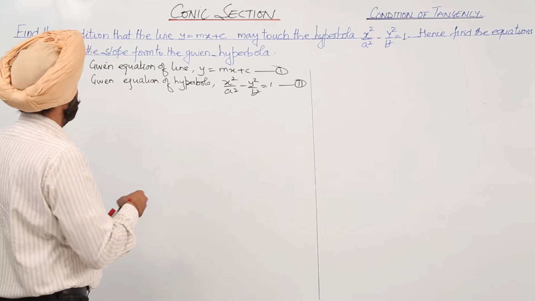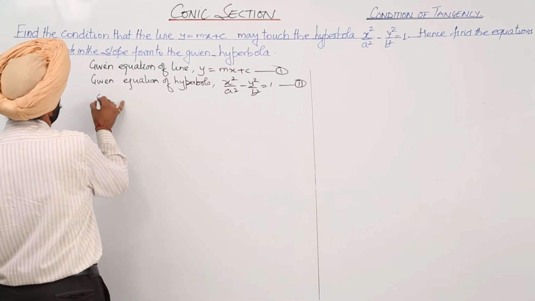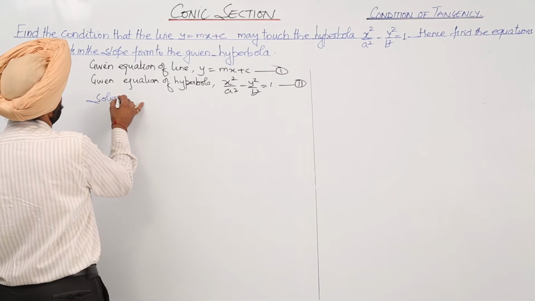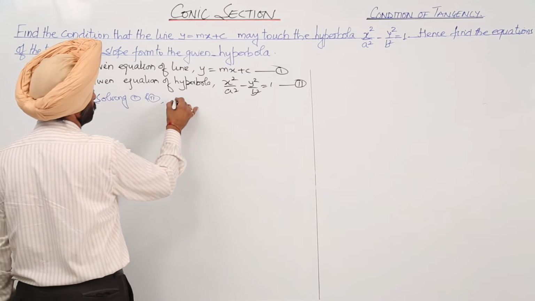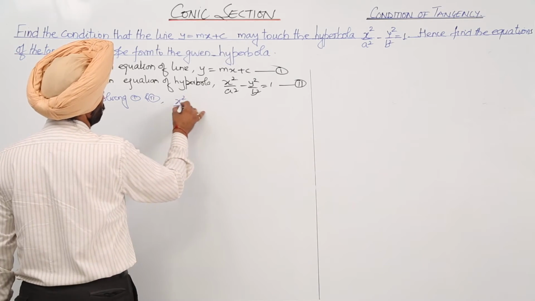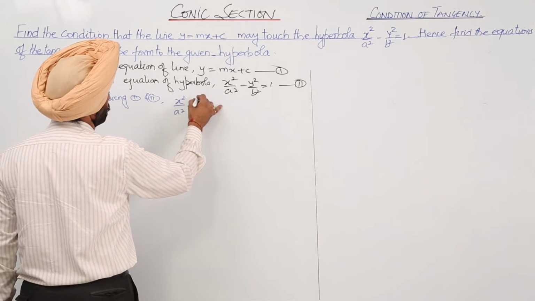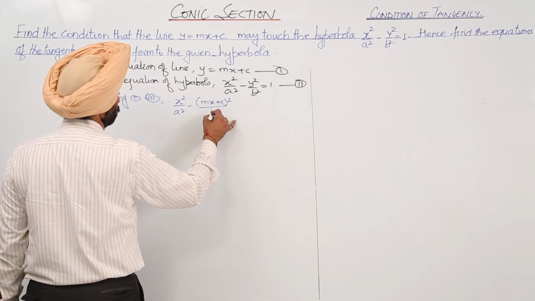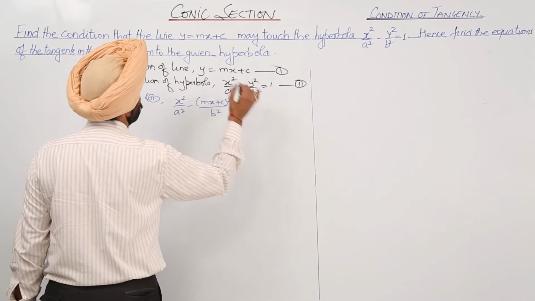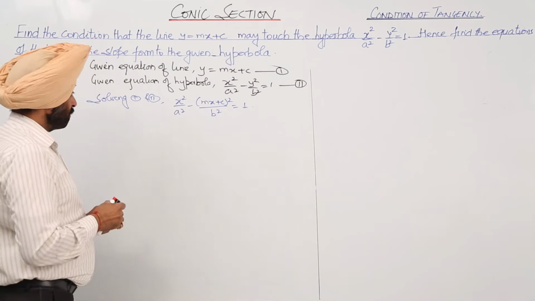Now solving 1 and 2, we have x square upon a square minus (mx + c) whole square upon b square is equal to 1. Now let us solve this part.